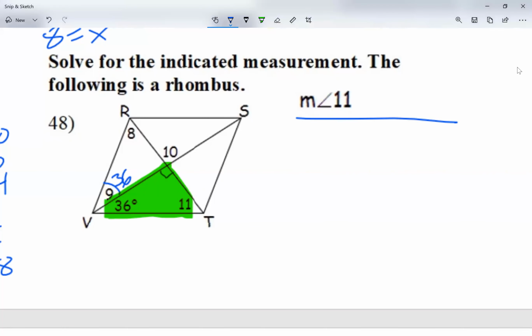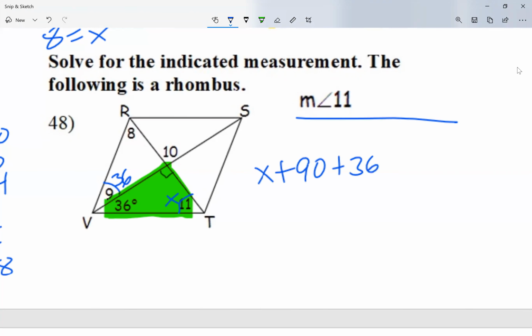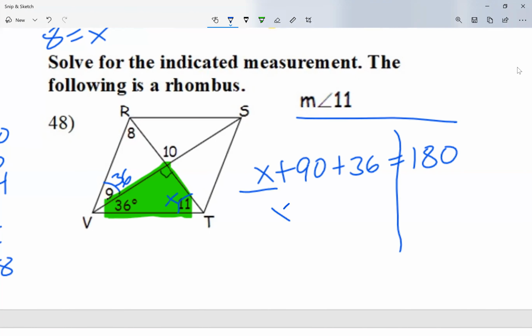Okay, I don't know how big angle 11 is. Let me call it x. The three angles of a triangle, I'm just going to add them up. x plus 90 plus 36. The three angles of a triangle always add up to 180. All right, let me separate this. When it comes to letters, I just got x.